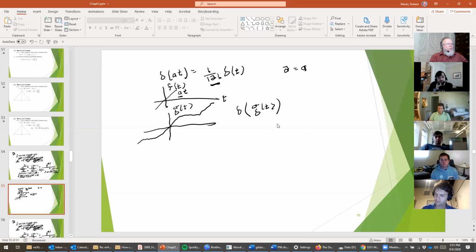Now, Aiden, you're totally right. The only place that there's a delta function is when this argument goes to 0, correct? But notice we have to take into account the scaling there, the derivative of the function. So we're going to take this portion and put it under a big magnifying glass.